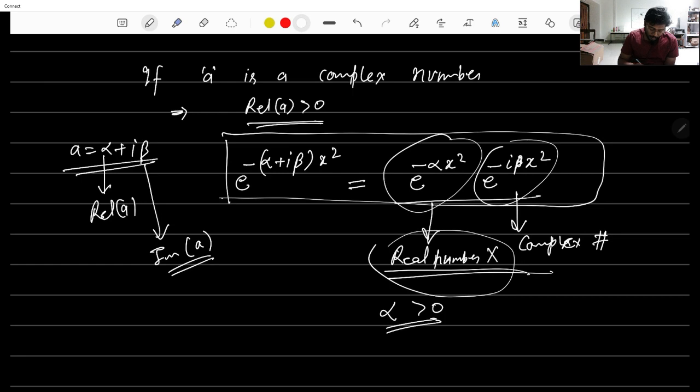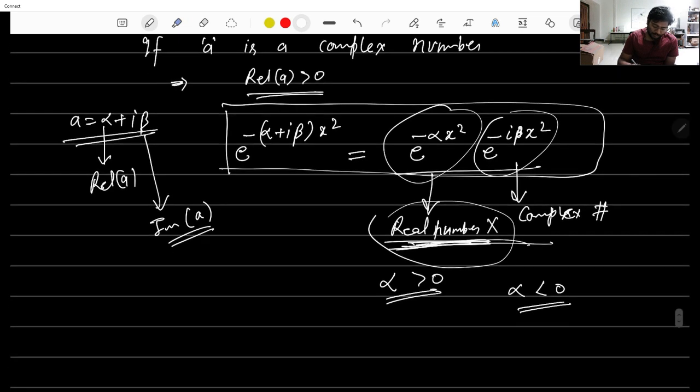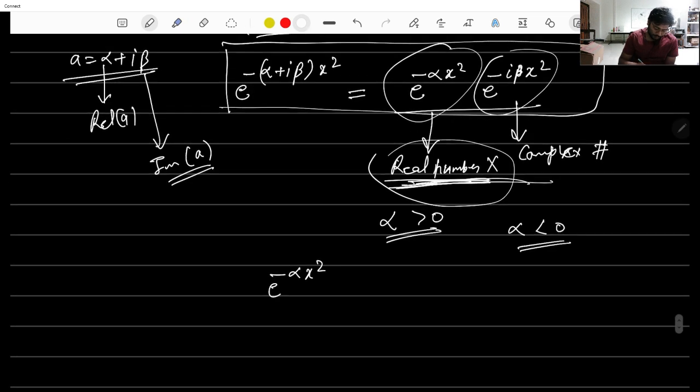If alpha is not greater than 0, so suppose alpha is less than 0, in that case this real number will diverge for x tends to plus minus infinity. So e to the power minus alpha x square will diverge.